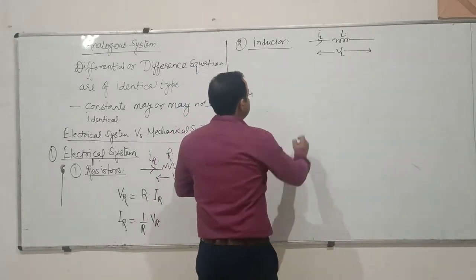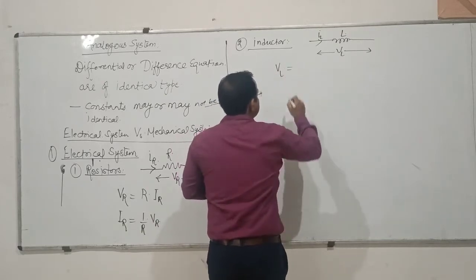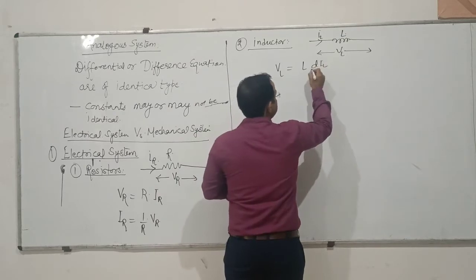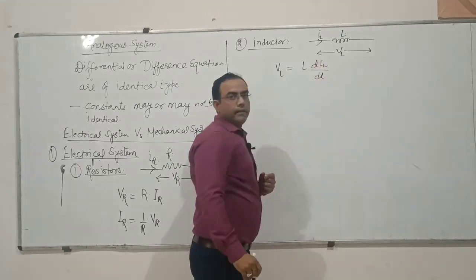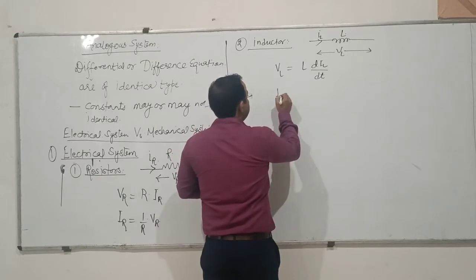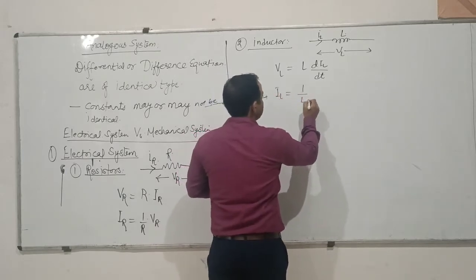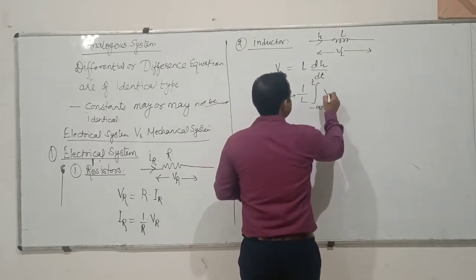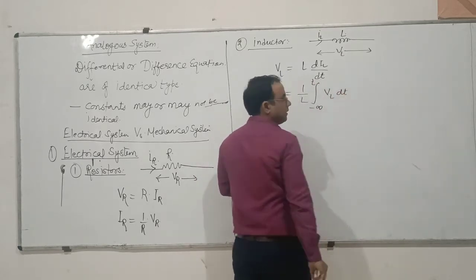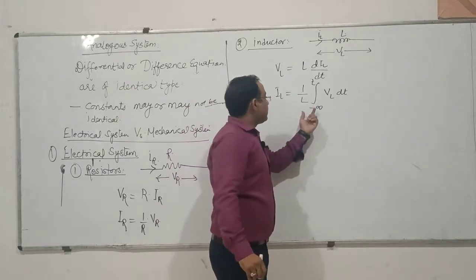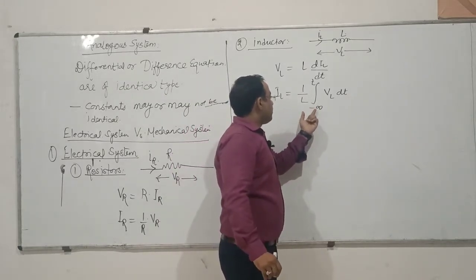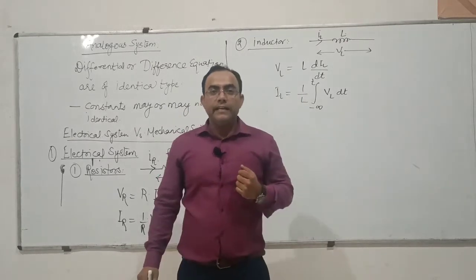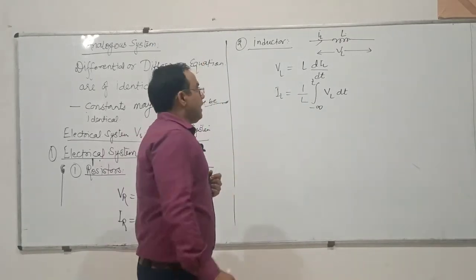Then VL equals L into dIL upon dt, and IL equals 1 upon L integration from minus infinity to t of VL dt. Here we take the integration from minus infinity to t because of the energy storage property of the inductor.